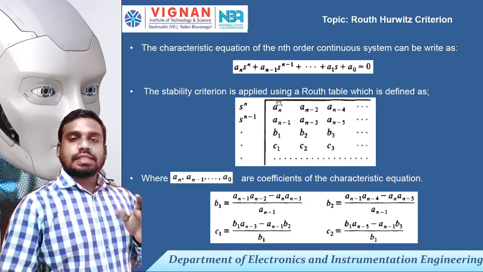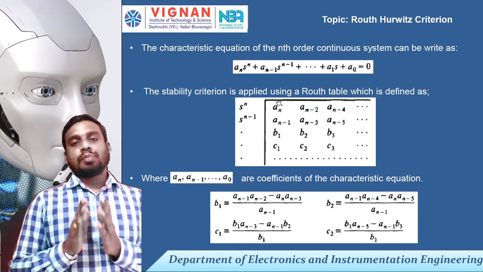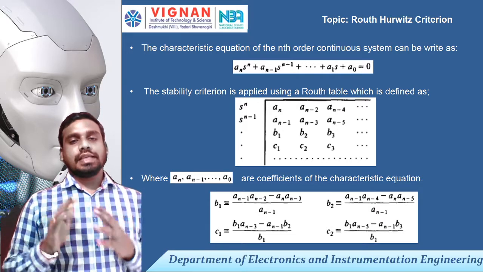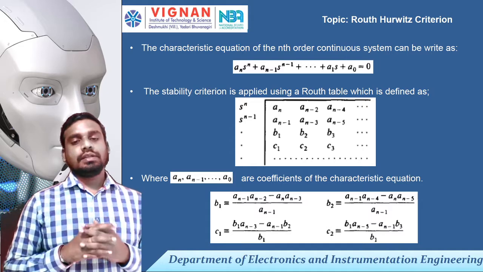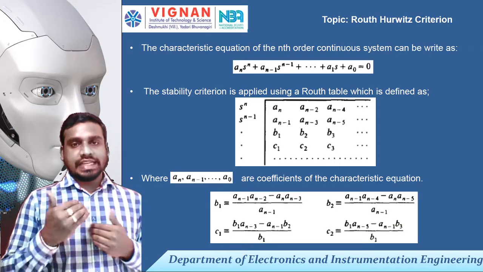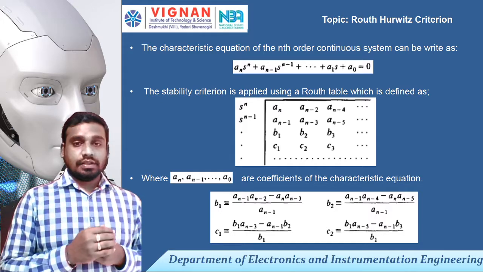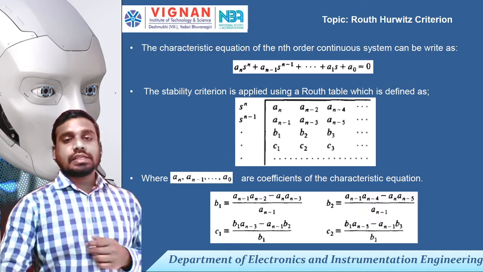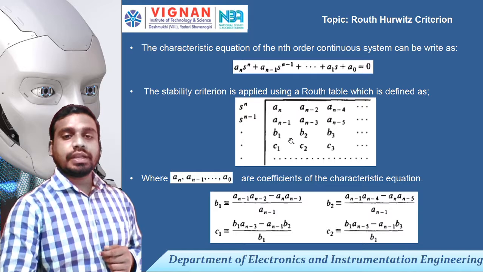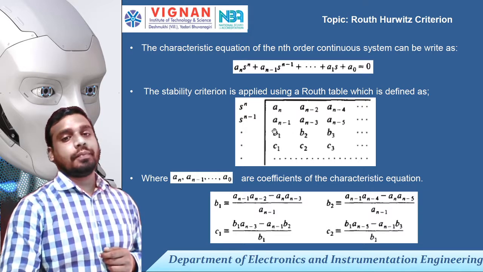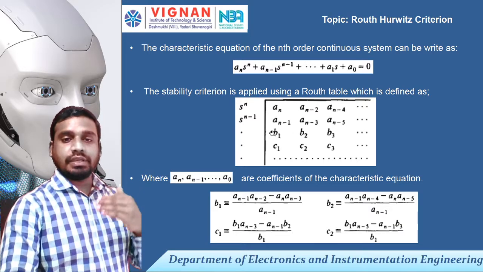So if the signs of the Routh table are positive, then the system is stable. As simple as that. If you have a sign change, you have to estimate how many sign changes there are. Suppose, for example, in this table, b1 is negative.